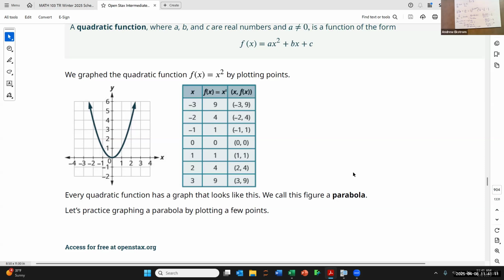For any time where it says like basically graph or plot whatever, the big idea that you're supposed to have is you start choosing values of x, plug them into the equation, you get a value for y. We already know how to do this with the graphing calculator, right?